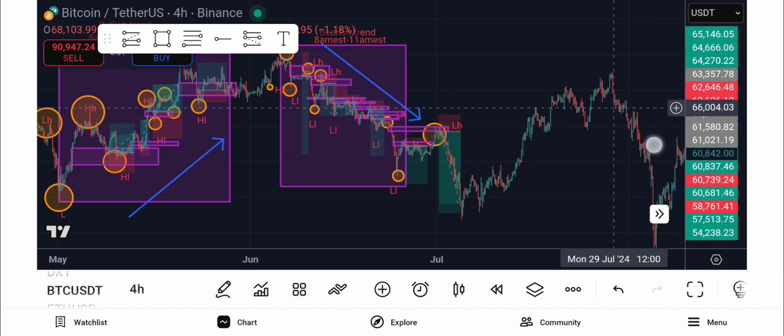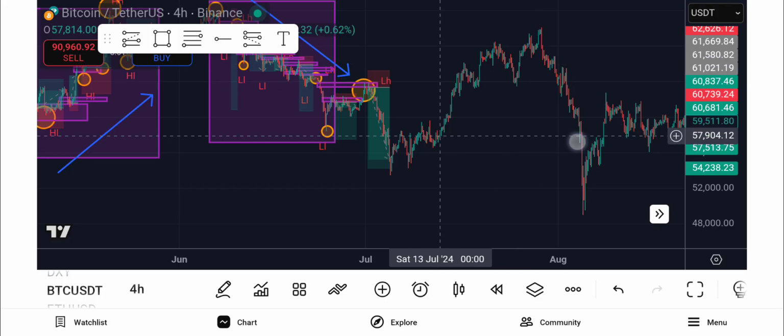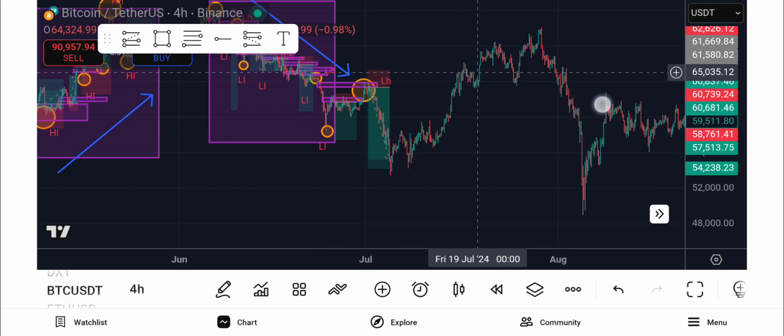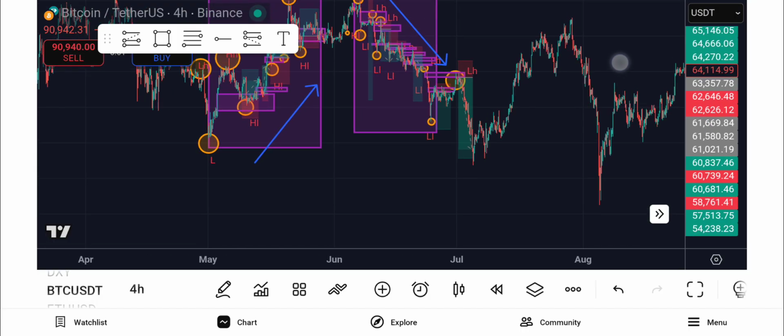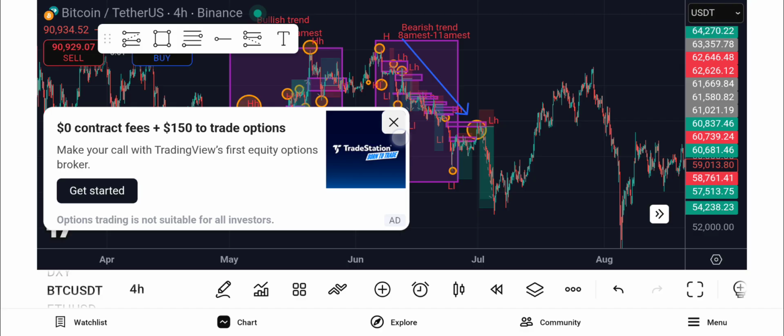Even if it continues, you're not in that buy anymore. Then you would have started looking for fair value gaps to enter sells here, before it turned over into a bearish trend. So this is how you trade Bitcoin using fair value gaps and time.